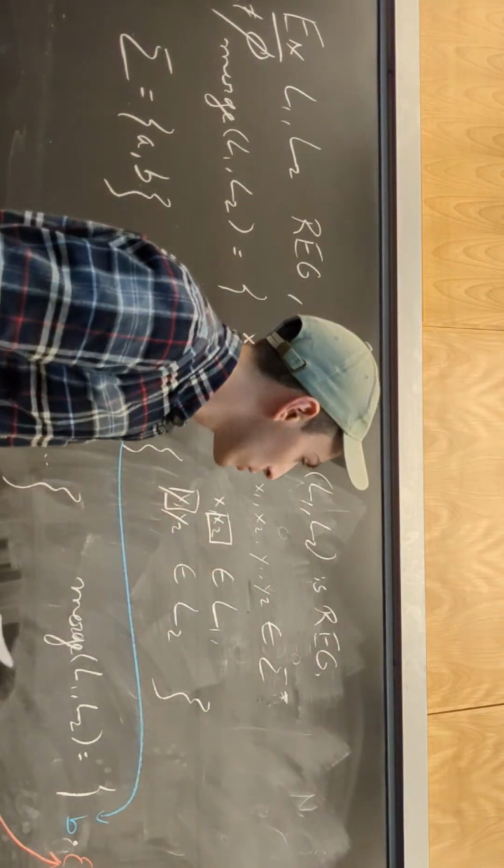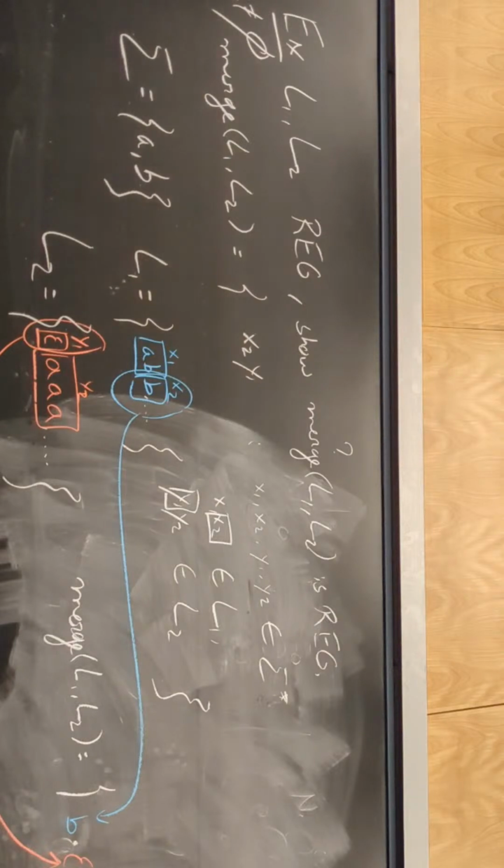Okay? So that was a lot of words. Essentially, I need to create a bigger machine M prime, which, now this is a bit counterintuitive. What should M prime do?